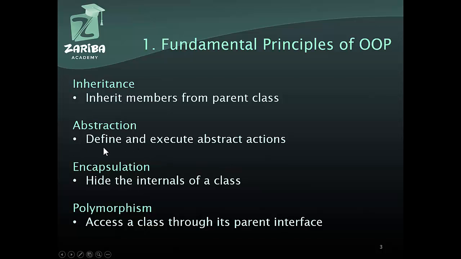Okay, abstraction, which means define and execute abstract actions. This is kind of ambiguous, but this means that if you see two common features between some objects or some classes, you should try to make a parent one which holds these common methods and properties and so on.